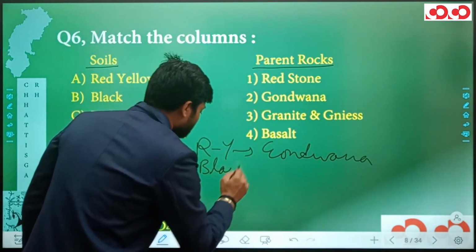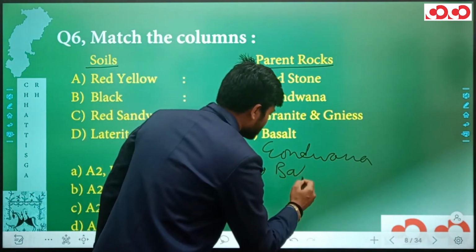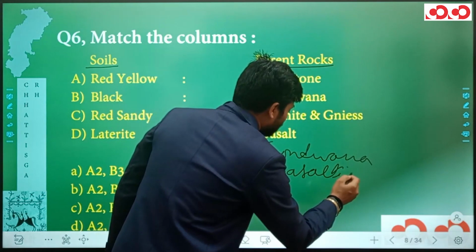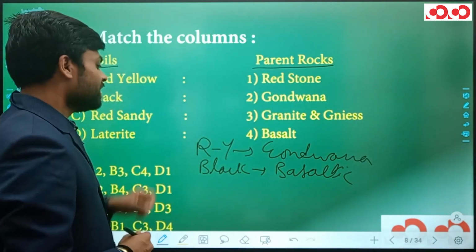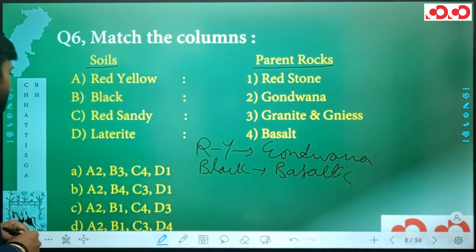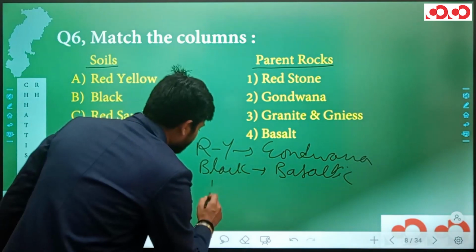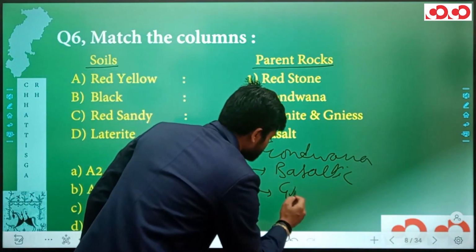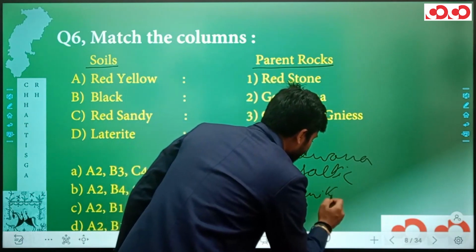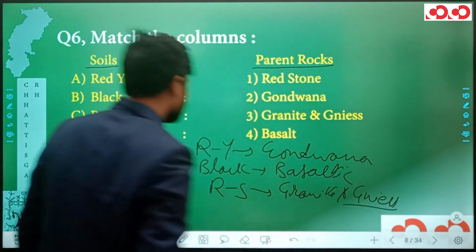Regarding the black soil, the parent rock is basaltic rock, which is actually formed after cooling of the volcanic eruption. Now, next is red sandy soil. The parent rocks are granite and its metamorphic form known as gneiss.